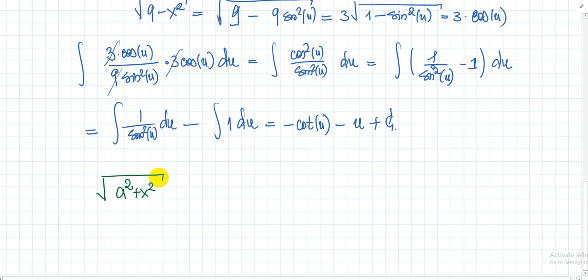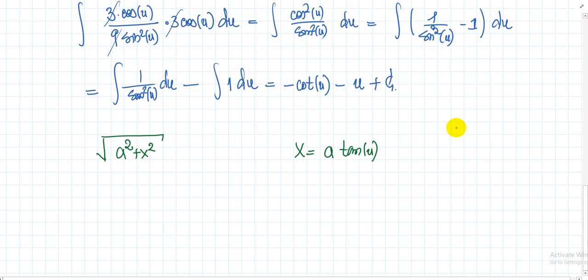You cannot use the sine anymore, or the cosine anymore, right? Okay, tangent. So a multiplied by the tangent of u, right?